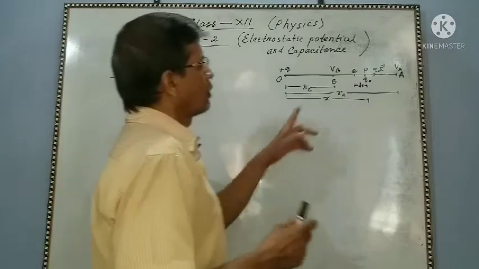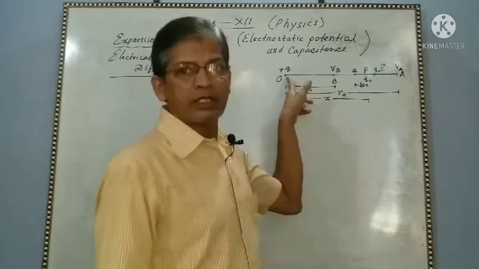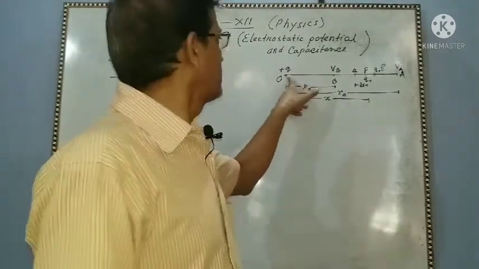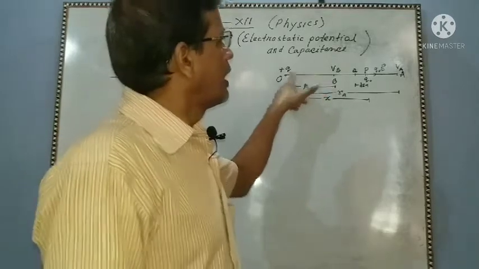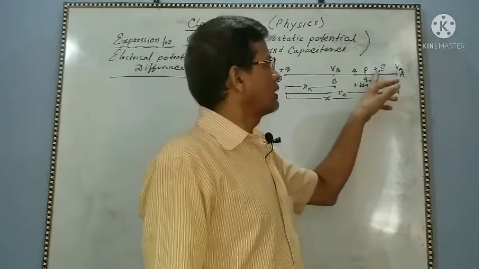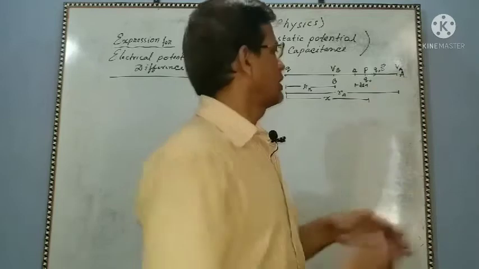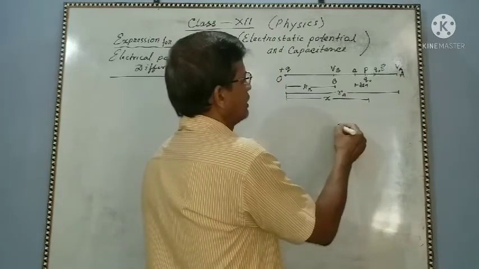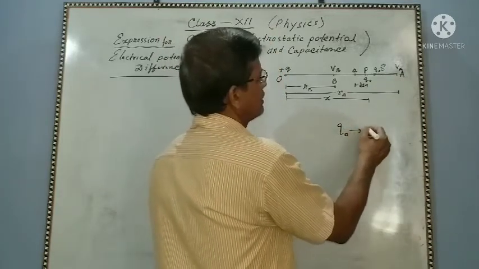So we have taken a source charge plus Q, and we have chosen a test charge Q naught.